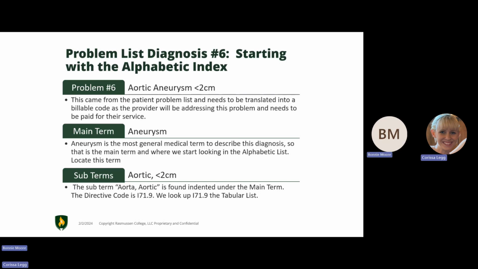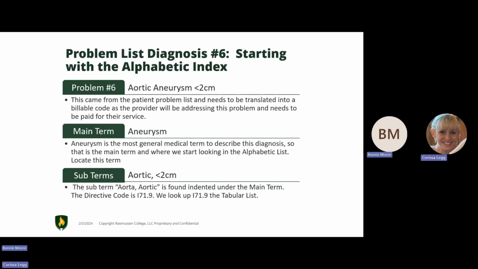The subterm underneath of it, indented, is aorta or aortic, either one. Ours is aortic. If you'll notice, there's no option for less than 2 centimeters. The reason being is that in a diagnosis code, that part of the documentation is not taken into consideration in a CM code.